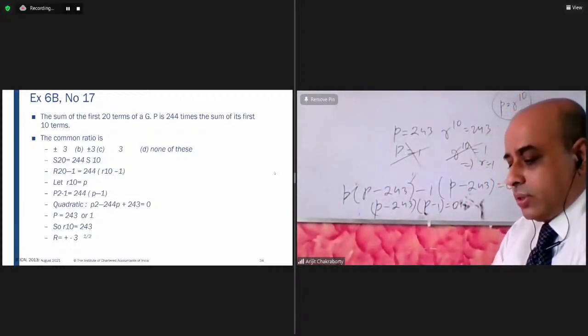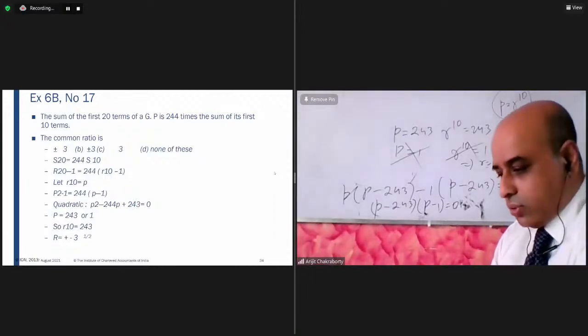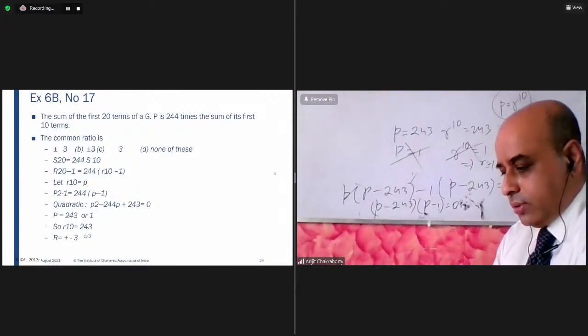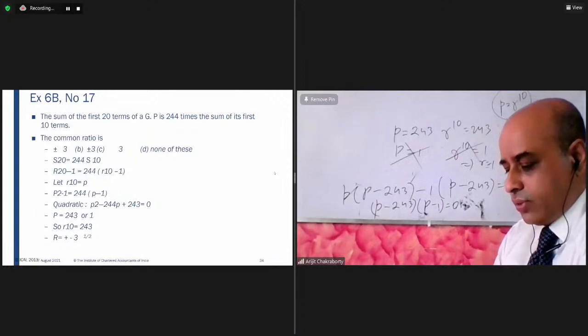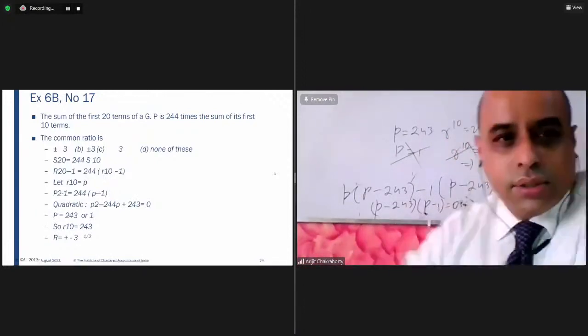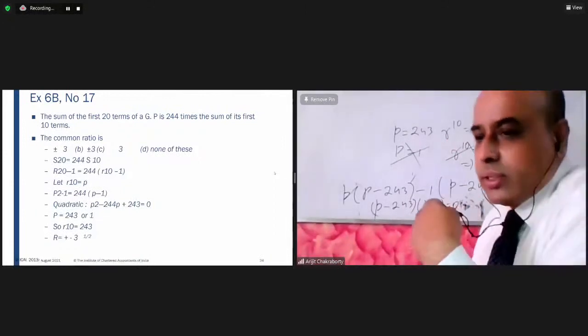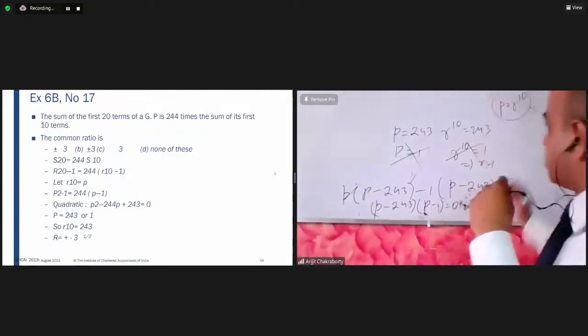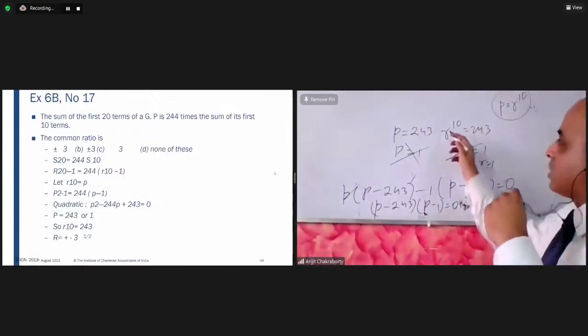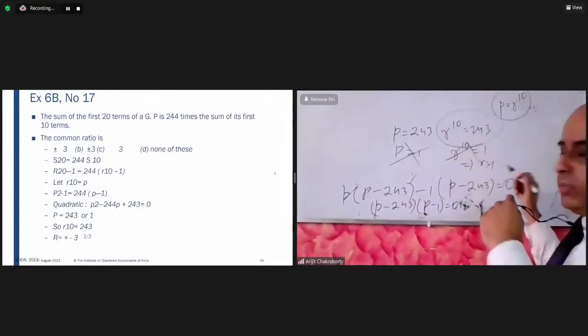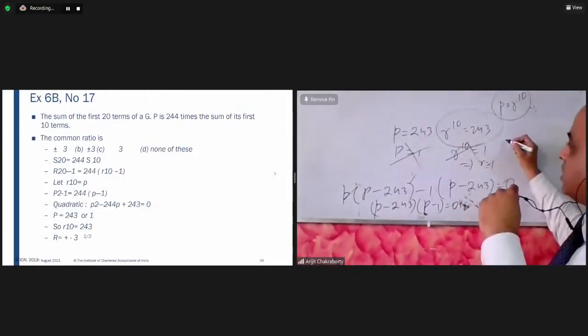Let us try it out, step by step so that you follow. 3 into 3 into 3 is 27, into 3 gives you 81, into 3 gives you 243. So 3 to the power 5 is 243.